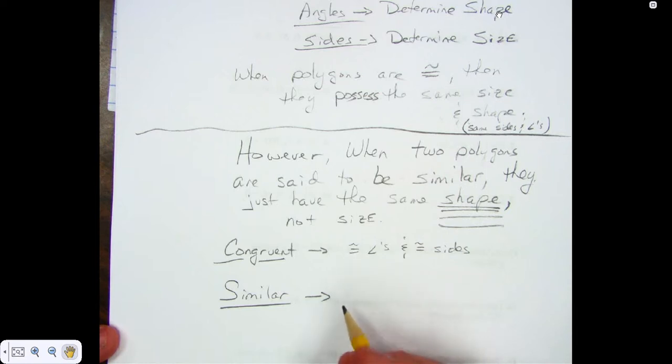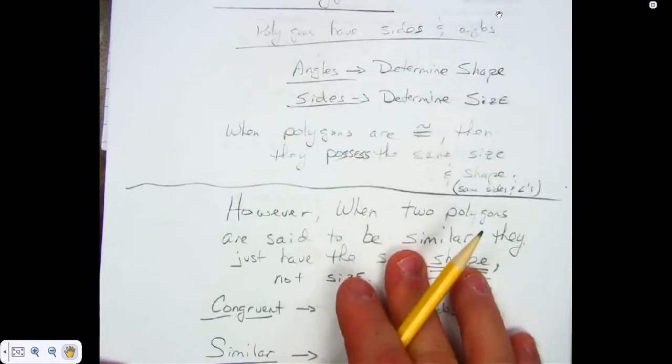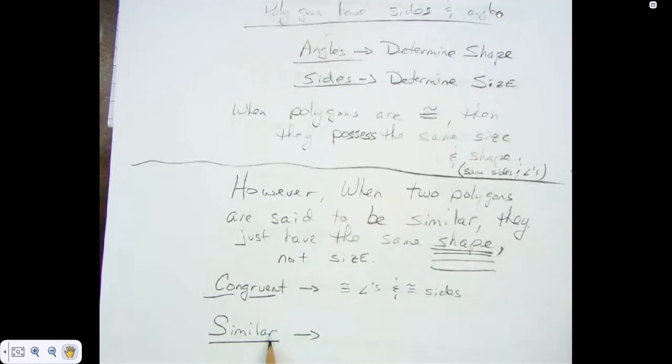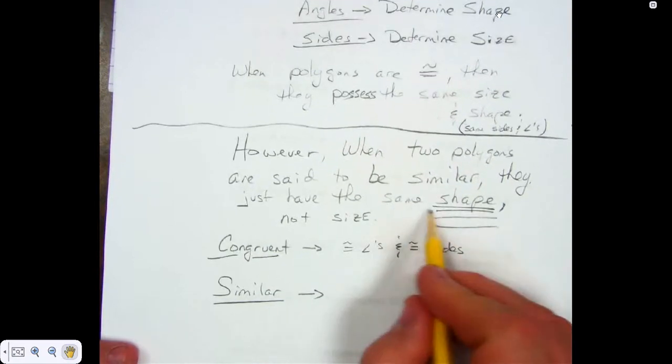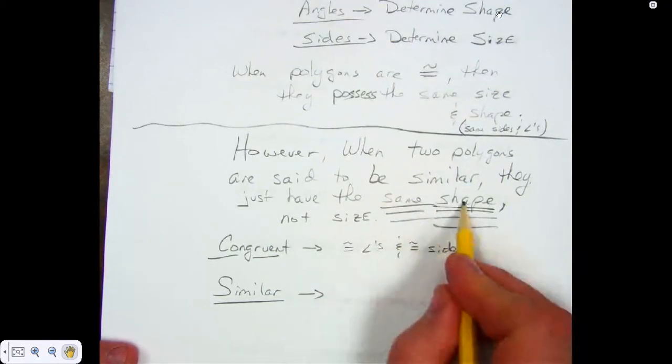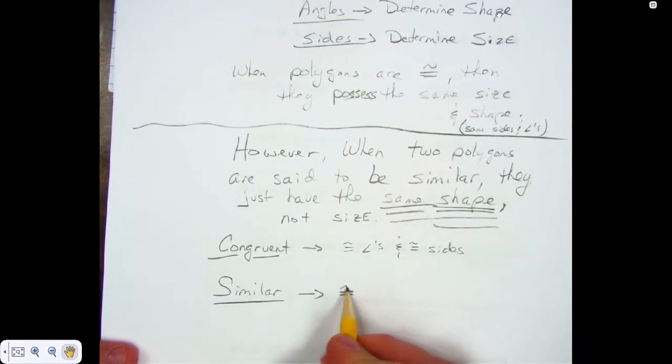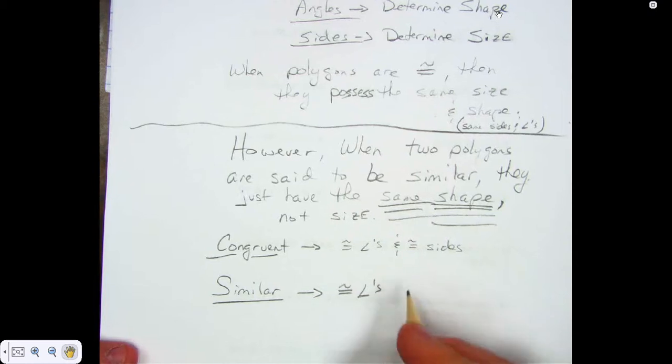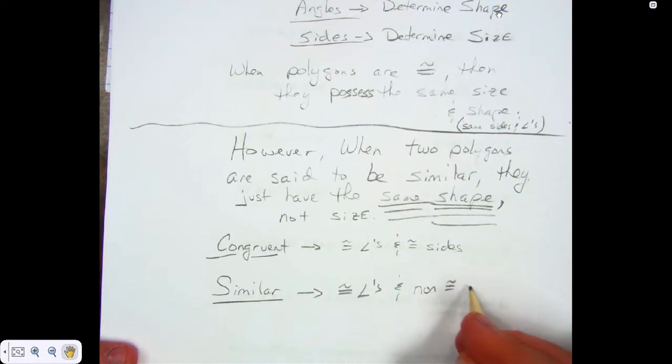Angles. Angles determine the shape. Sides determine how big that shape is, right? So similar, what do they say is the same? Shape. So they have congruent angles and non-congruent sides.